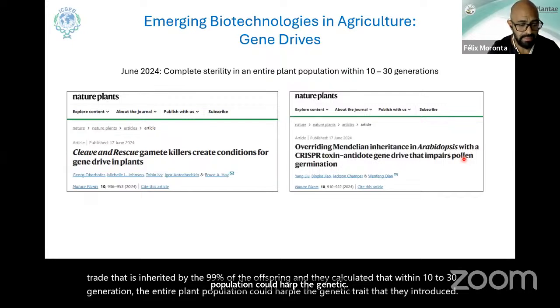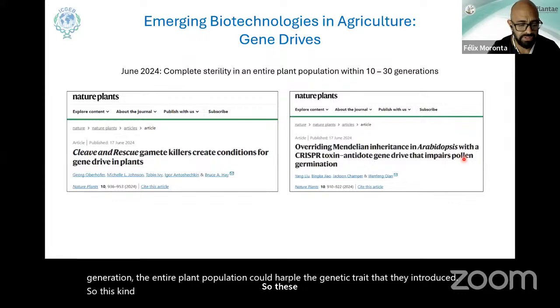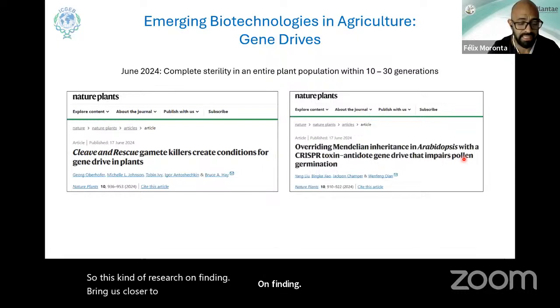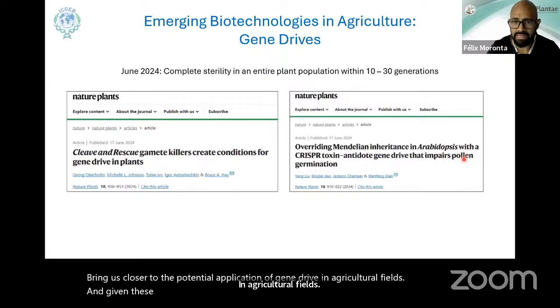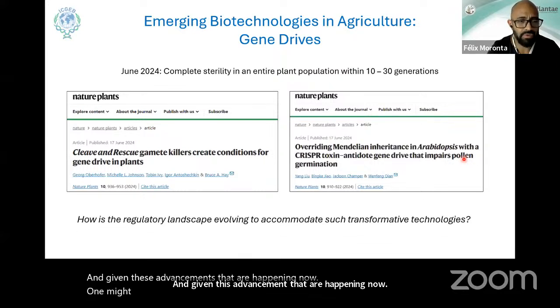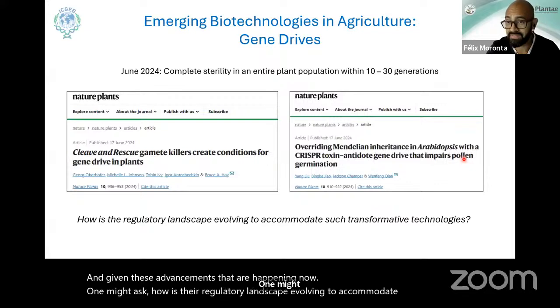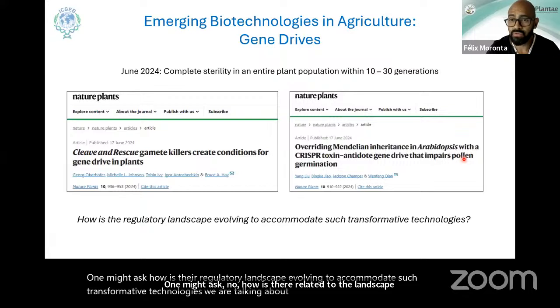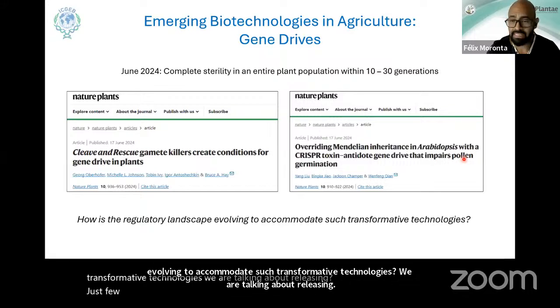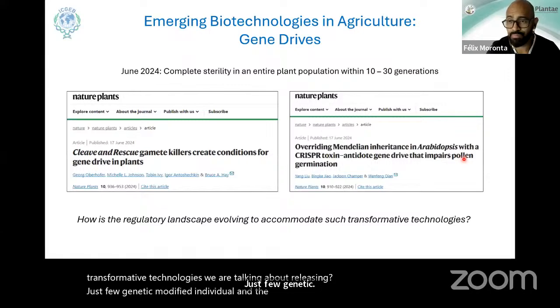So this kind of research brings us closer to the potential application of gene drives in agricultural fields. Given these advancements, one might ask how the regulatory landscape is evolving to accommodate such transformative technologies. We are talking about releasing just a few genetically modified individuals, and the genetic modification will spread within the field.